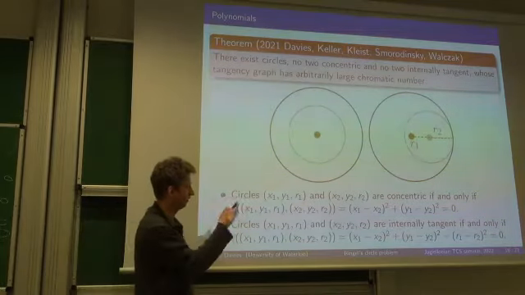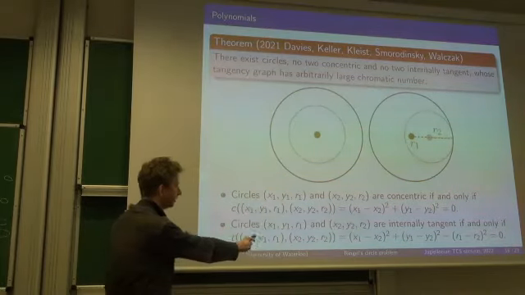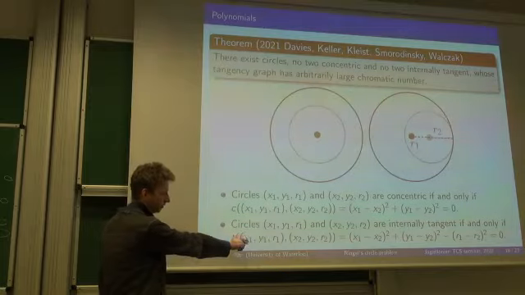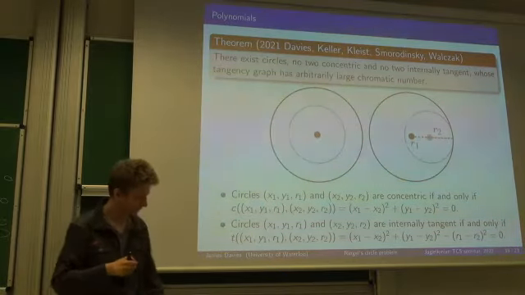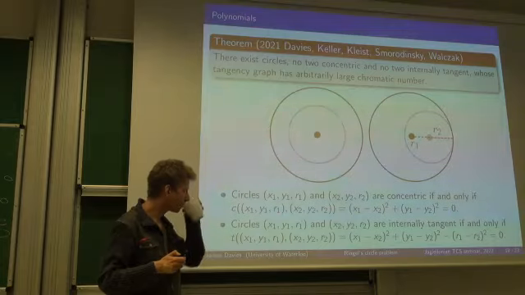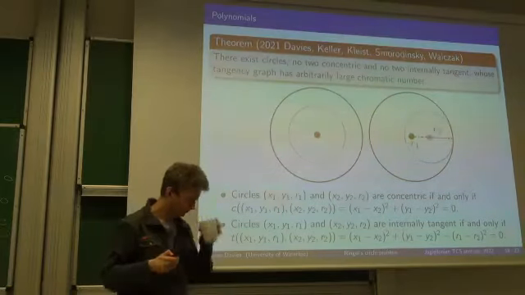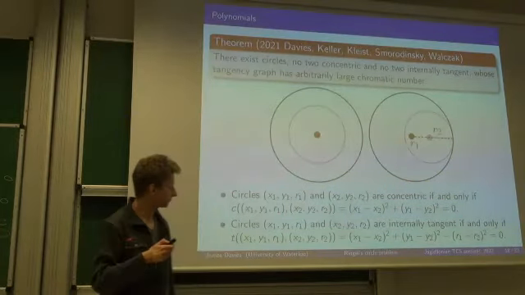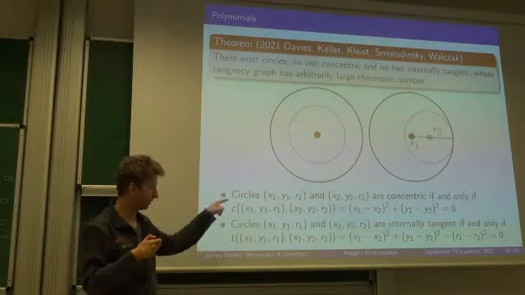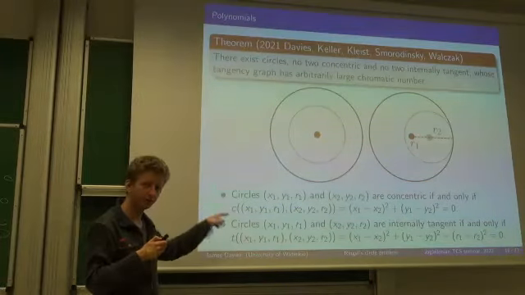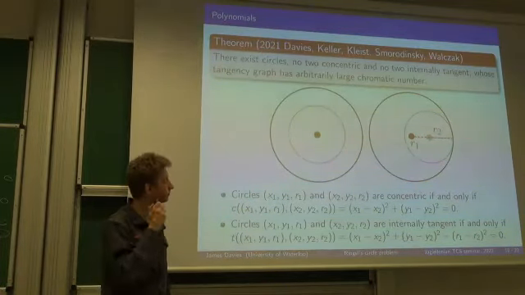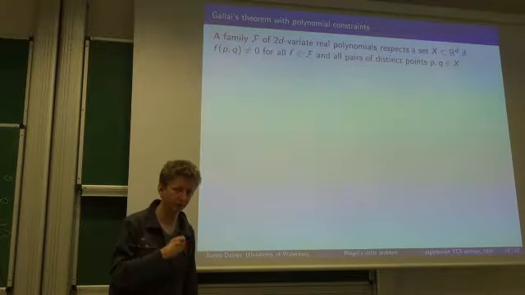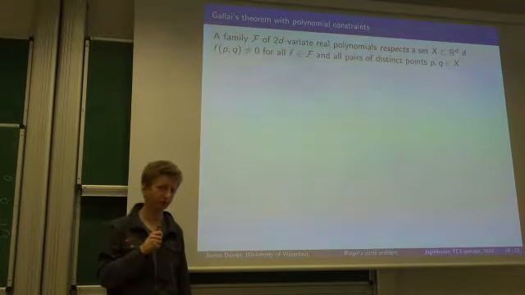So again, we're internally tangent only when inputting into the polynomial gives a 0 point. So we just need to avoid 0 points of the polynomial, and this will motivate the restricted Gallai theorem that we need.